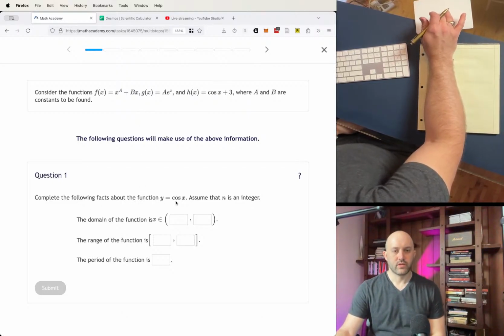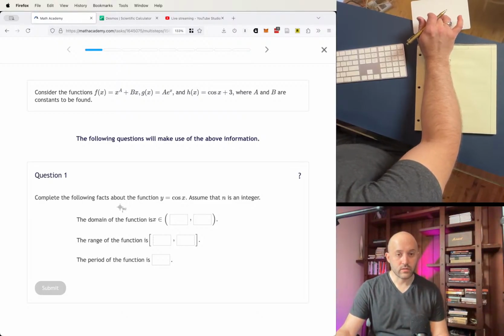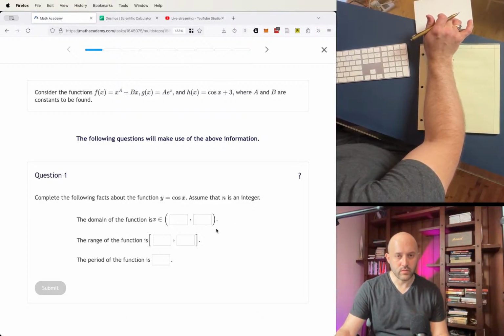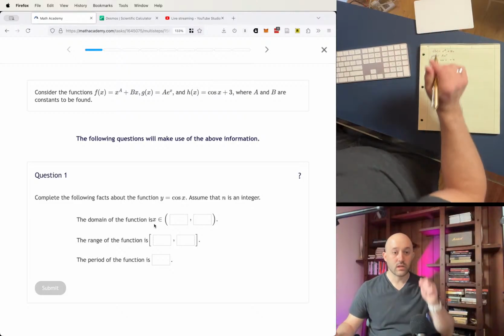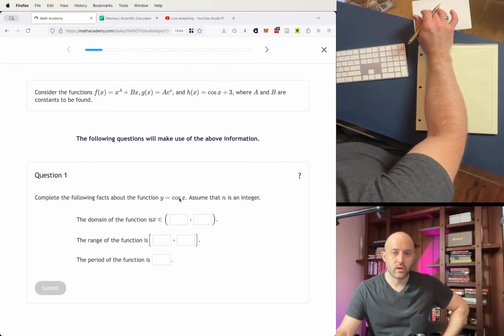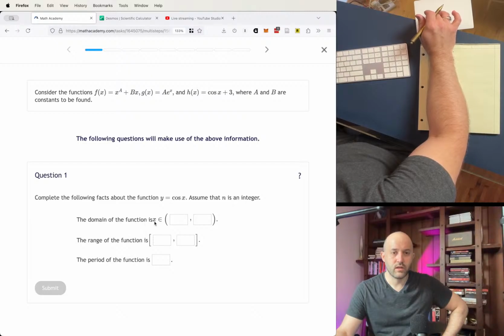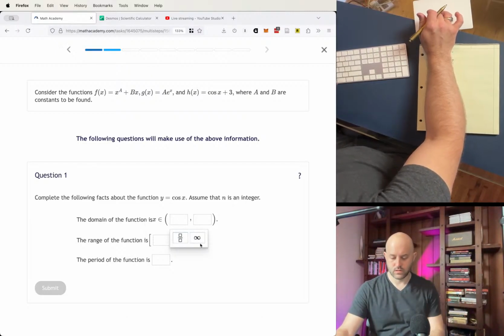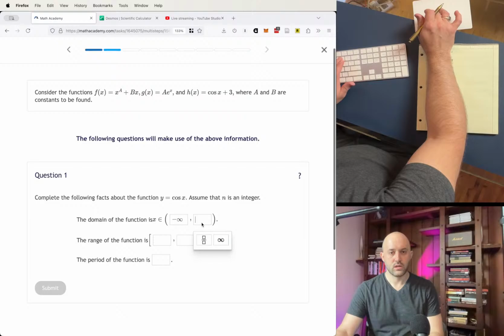Following facts about the function y equals cos x. Assume that n is an integer. I want to take a screenshot of this, I think there's a little bit of a rendering problem there. Okay, complete the facts about the function y equals cosine of x. The domain of the function is negative infinity to infinity.